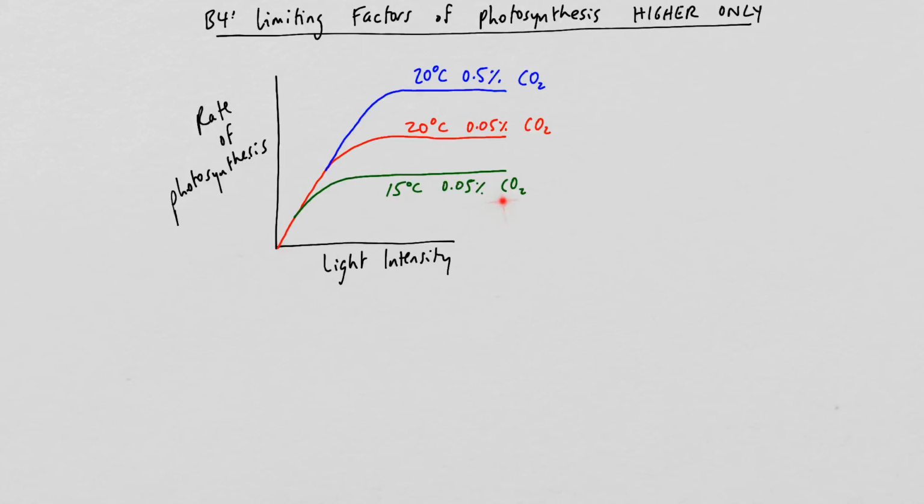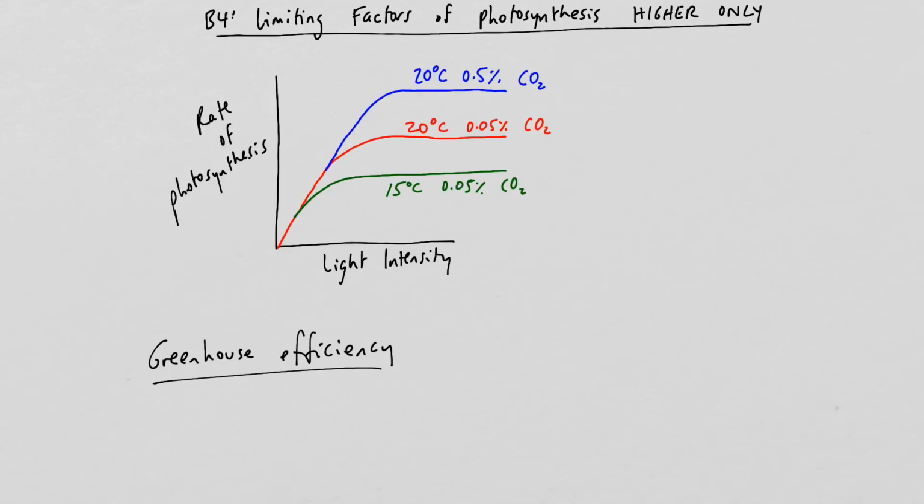So the difference between these two at the bottom, the green and the red, I'm keeping the carbon dioxide concentration the same. I'm increasing the temperature, and we can see the effect that that has on the maximum rate of photosynthesis. For the top two, I'm keeping the temperature the same, but I'm changing the carbon dioxide concentration.